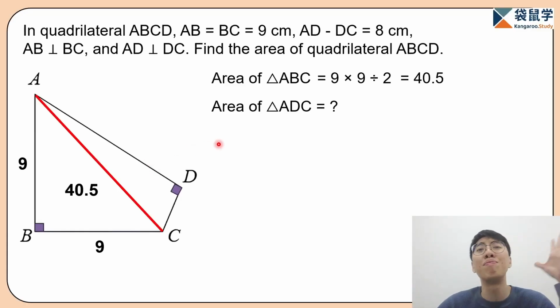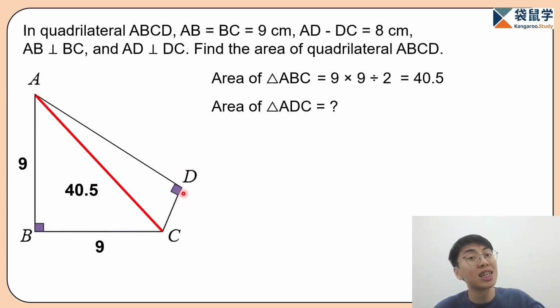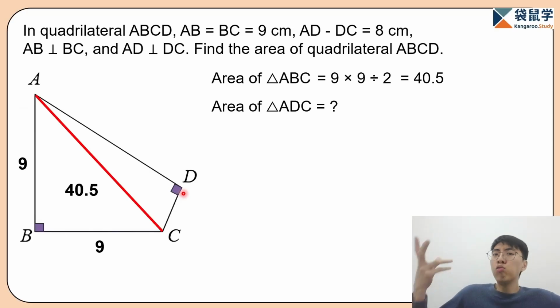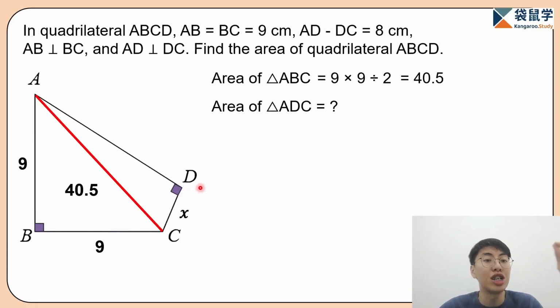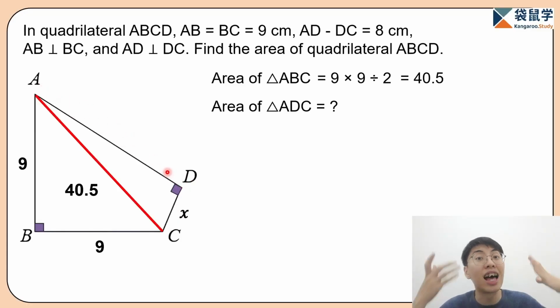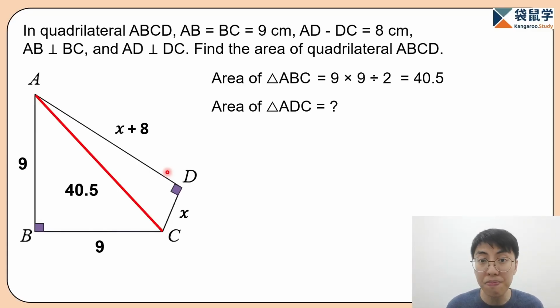Of course, I can put one of them as x. But which one exactly as x? Either one of them is fine, but to make things easier for us, we make the shorter one, which is CD, as x. And then what will be the length of AD now? The length of AD will now be x plus 8.